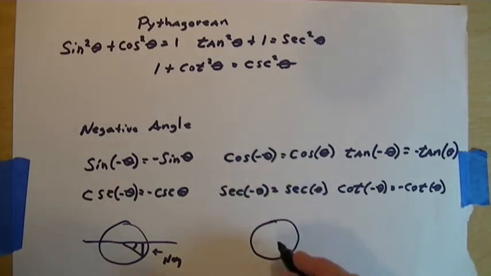The cosine, on the other hand, when you're dealt a negative angle, since the cosine is still just this distance here, it doesn't matter whether the angle is positive or negative. It's still the same distance. It'll still either be positive when it's positive, negative when it's negative. So it doesn't change. And you can work the same thing out for the tangent and the cotangent.